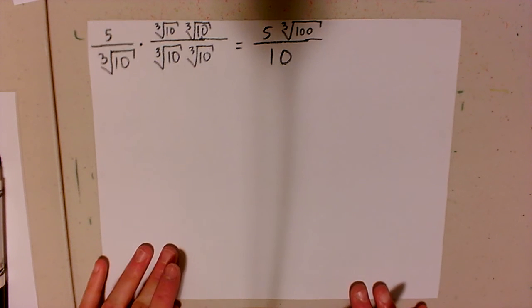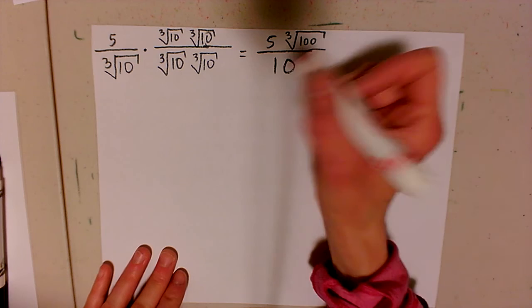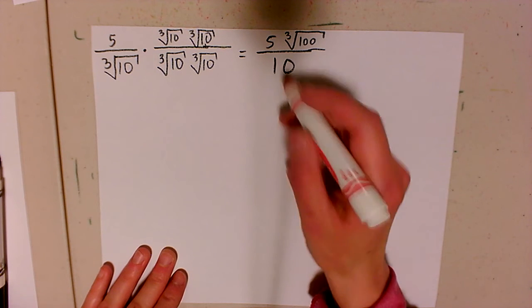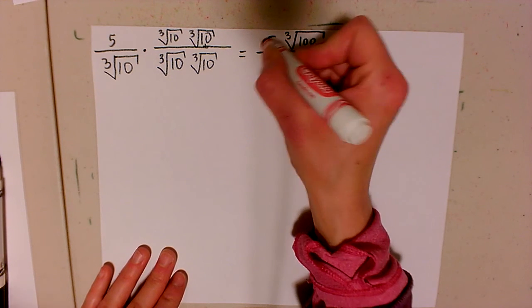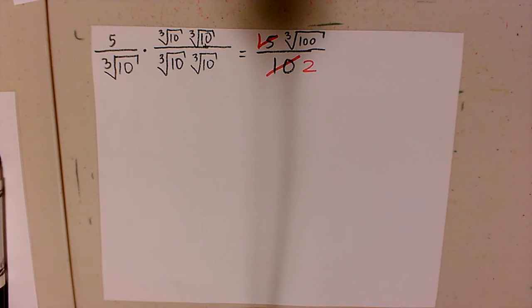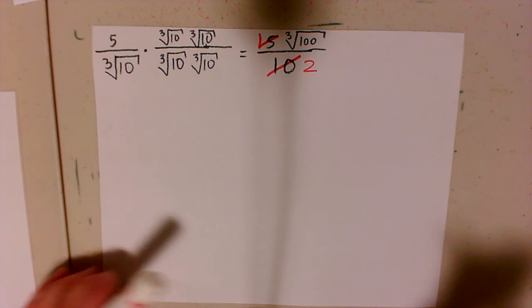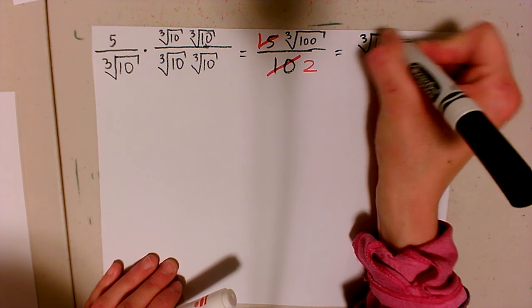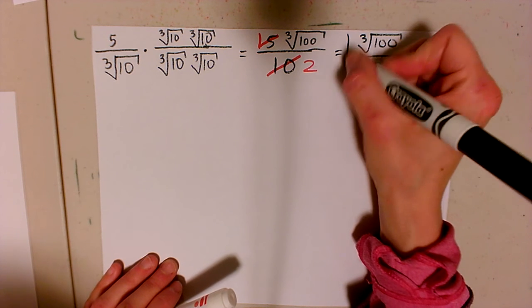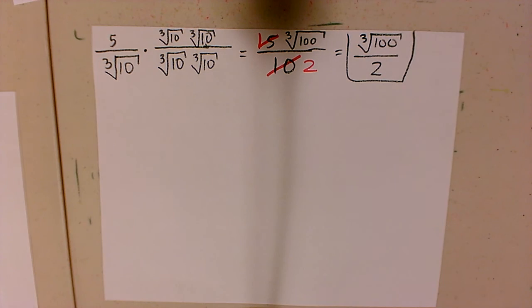One last step is we could simplify between the 5 and the 10. We can divide both of those by 5, so the 10 turns into 2 and the 5 turns into 1, and then our answer is the cube root of 100 over 2. Okay, so there's another cube root for you.